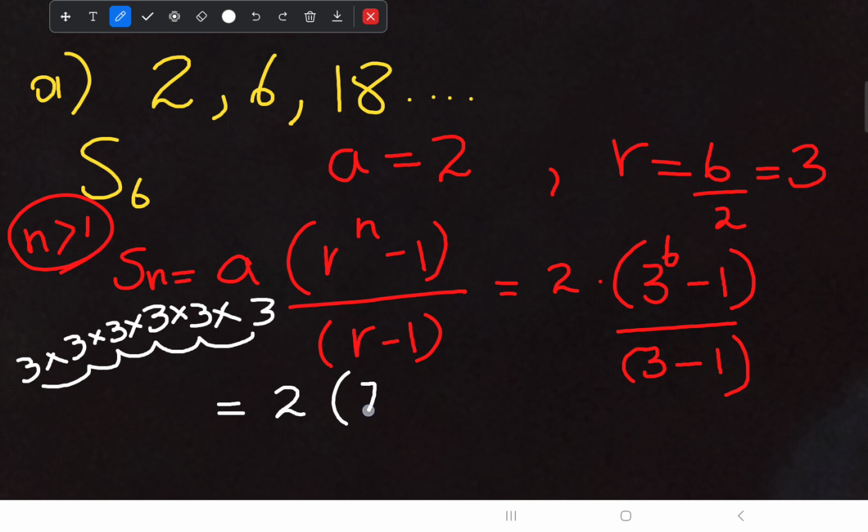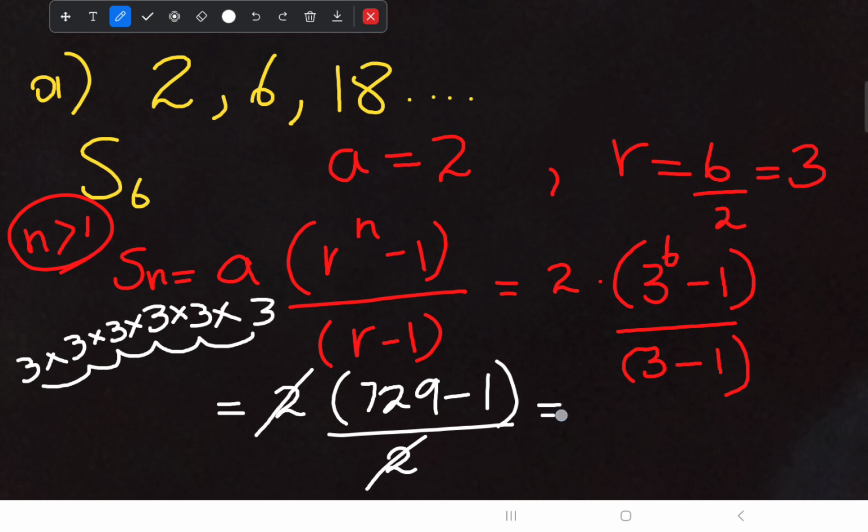Then 729 minus 1 upon 3 minus 1, which is 2. We can simplify the 2 and this 2, giving 729 minus 1, which is 728. This is the sum of 6 terms in this geometric progression.